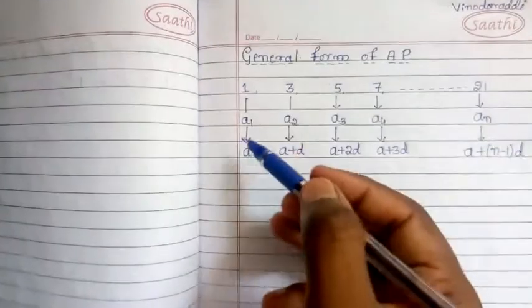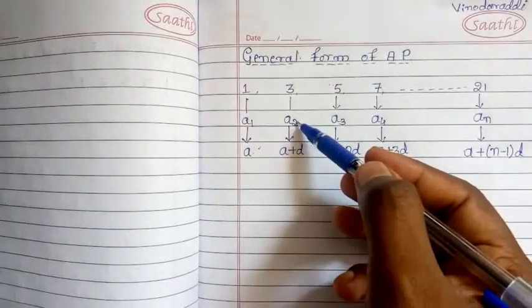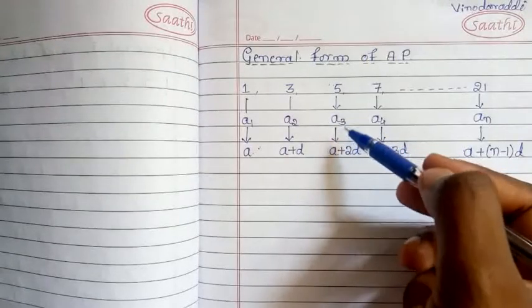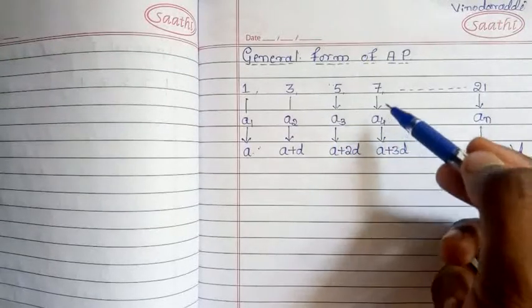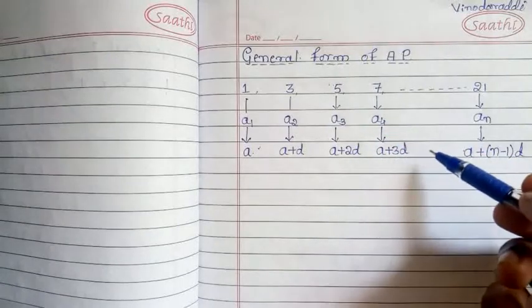Here we know that the general form of the first term is A, the second term is A plus D, the third term is A plus 2D, the fourth term is A plus 3D, and so on.